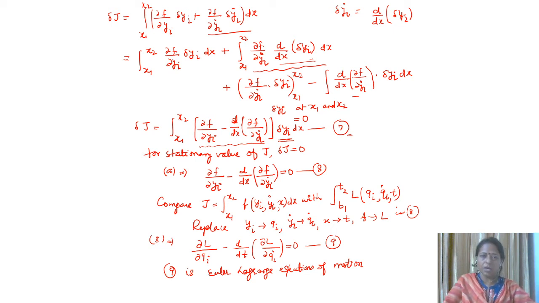There may be another approach to find its derivation, like you may also proceed by taking L. Like your integral was, suppose I am saying it is to be A. This is the second way. You consider A, your A line integral is T1 to T2 L dt.